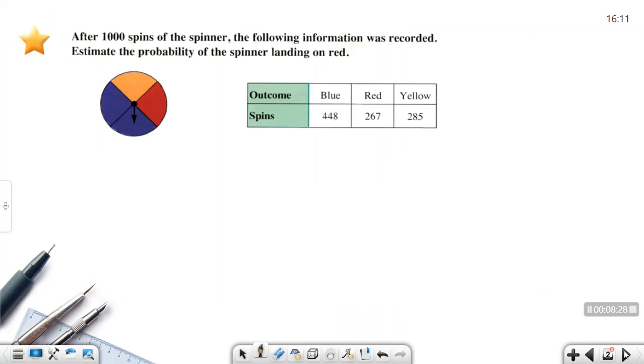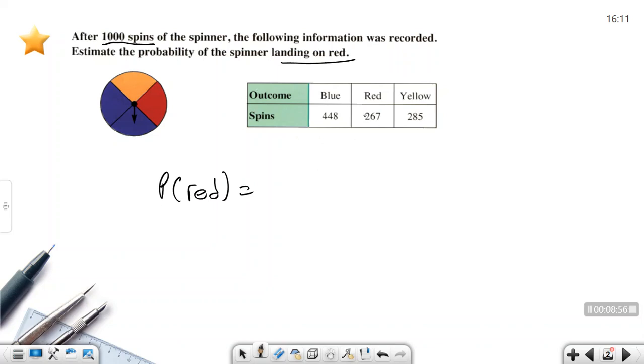So let's see one example. After 1000 spins, so in total we spin this spinner 1000 times. The following information was recorded: 448 times blue, 267 times red, 285 times yellow. Estimate the probability of the spinner landing on red. So what is my probability? They're asking about the color red.